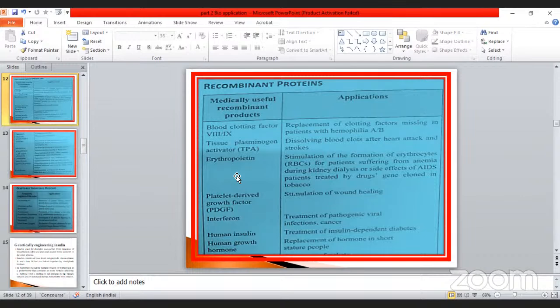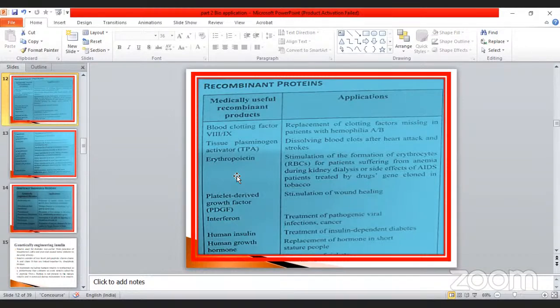And then human insulin. We have already studied human insulin, Humulin. It is also obtained by recombinant technology from pig and human. The pig insulin polypeptide is similar to that of the human being after some physiological and chemical changes which occur in the nucleotide sequences.